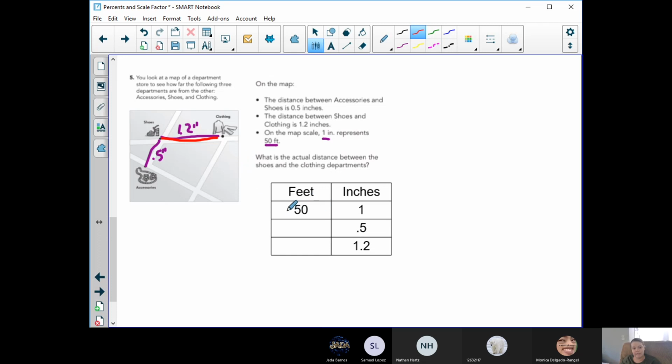So if 50 feet is equal to 1 inch, how many feet is a 1/2 inch going to be? What's this number going to be right here? If 1 inch is 50 feet, how many feet is a 1/2 inch? Nathan, how did you get 25?